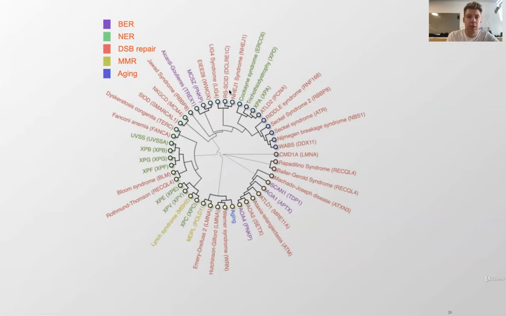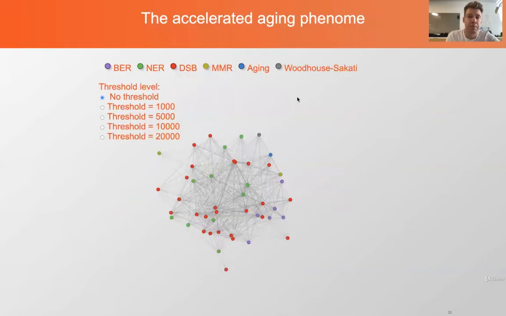And what you can see here is that the red colors are everywhere, the green colors are everywhere, the purple colors everywhere. So the take-home message here is that even though we know some of the enzymatic issues associated with these different genes that are mutated, we have no understanding really of how they then translate into the clinical phenotypes we see in the diseases.